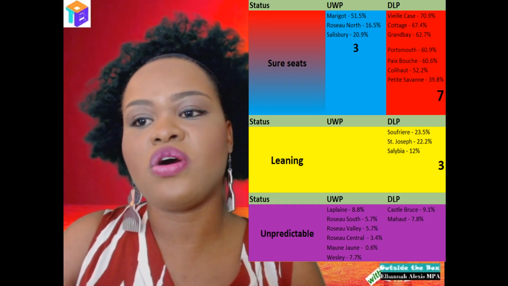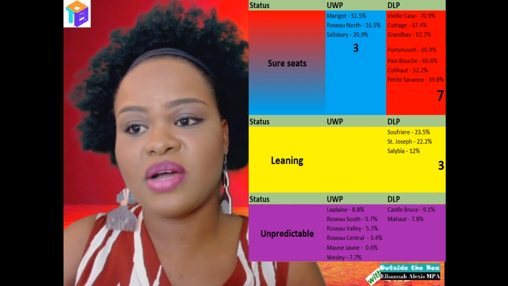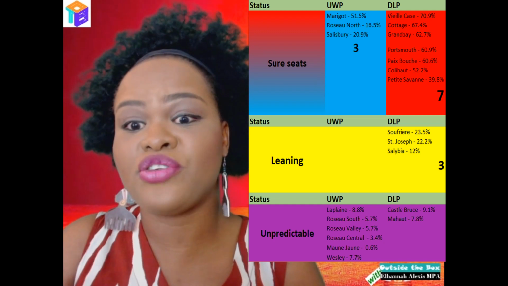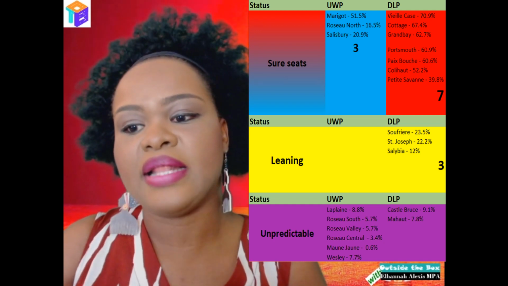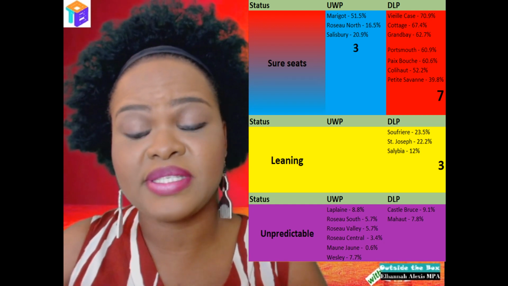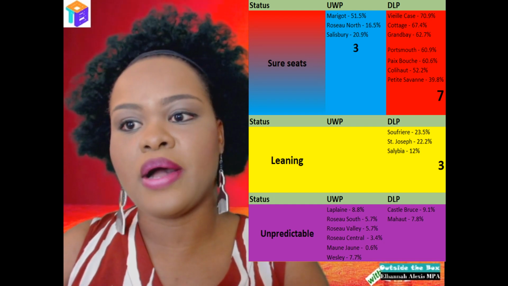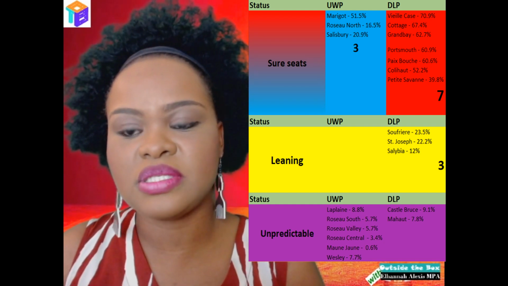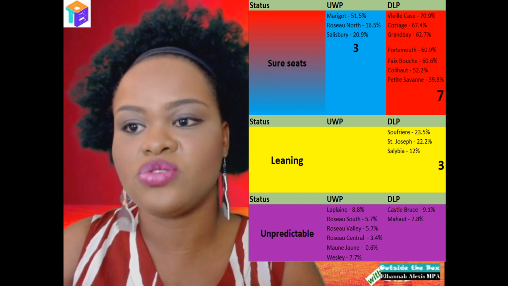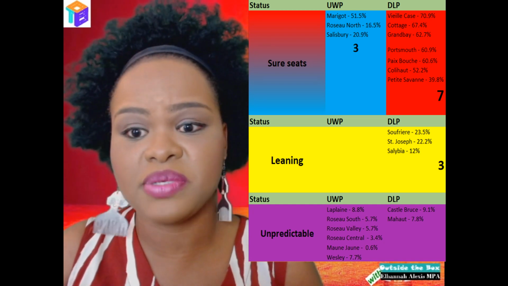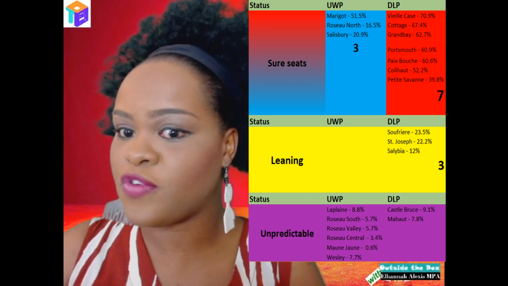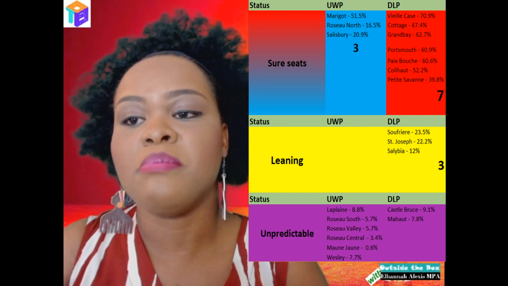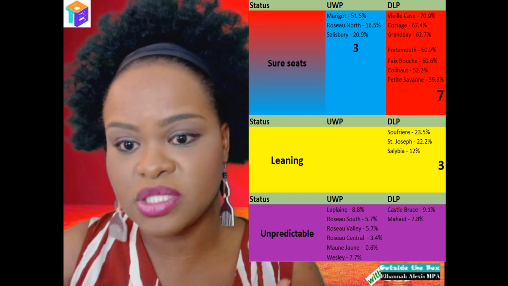So in order for that to happen, we would have to have the Dominica Labour Party decreasing significantly and the United Workers' Party increasing significantly. So it's not that likely for this to happen. So this 70.9% lead may decrease to a 20% lead, but it will still be a lead for the DLP.